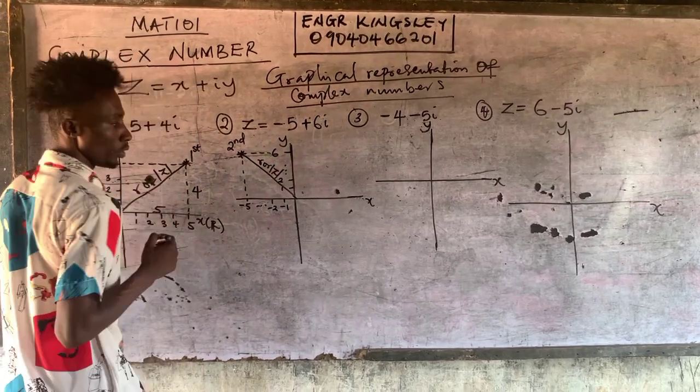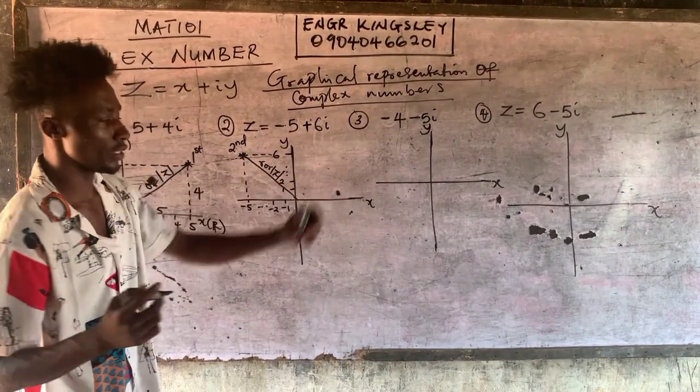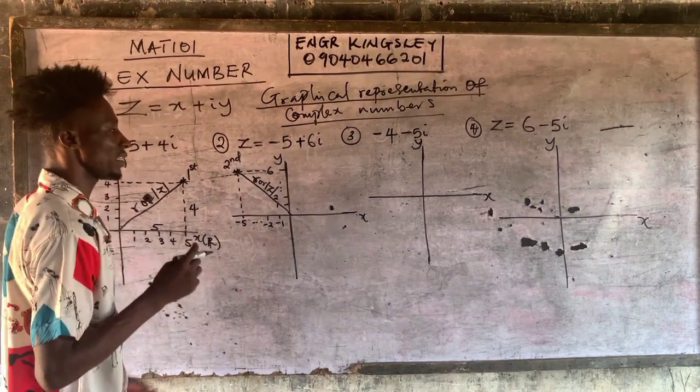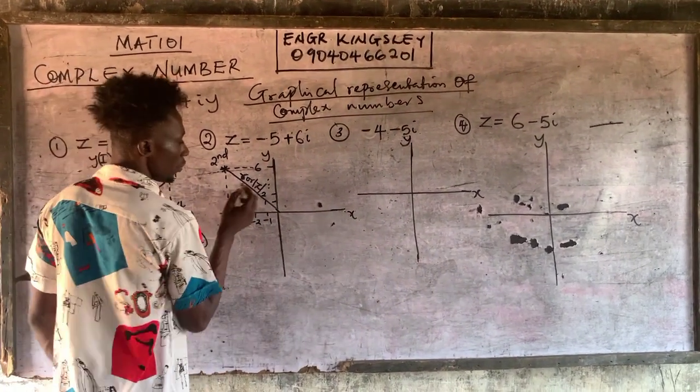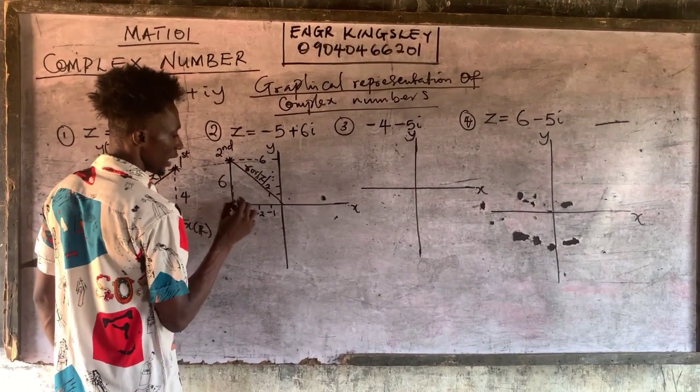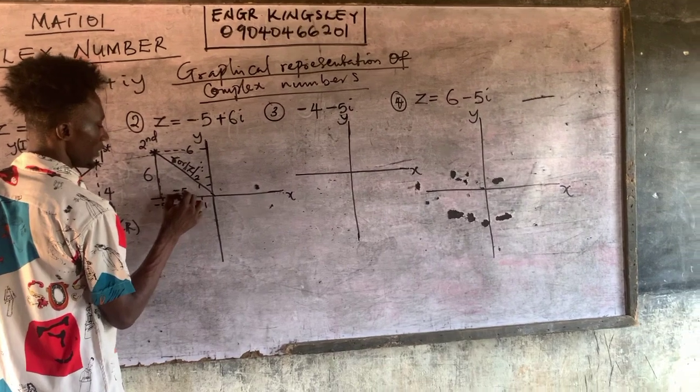I'll take time to teach you modulus. Just know the graphical representation of a complex number, so that it will help us in finding the argument or reference angle theta of a complex number. So when you note this, you'll see that here is 6 and here is negative 5 in the red.